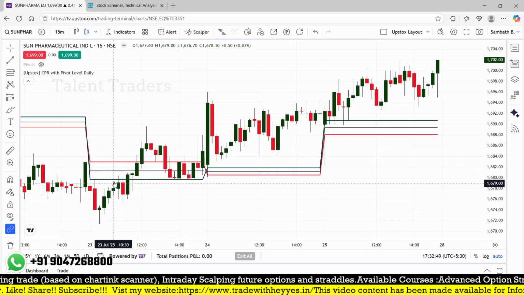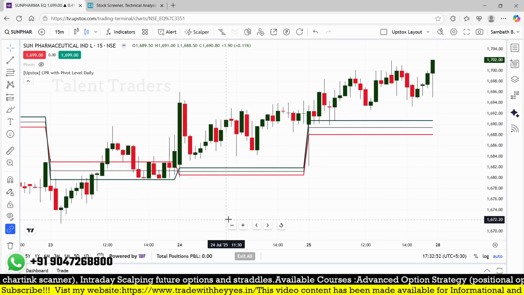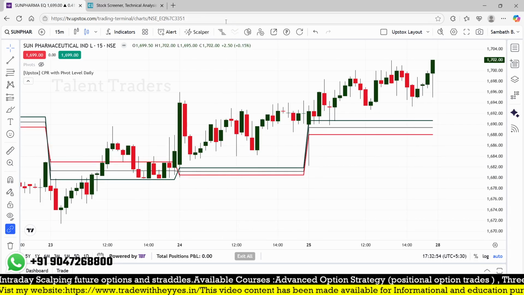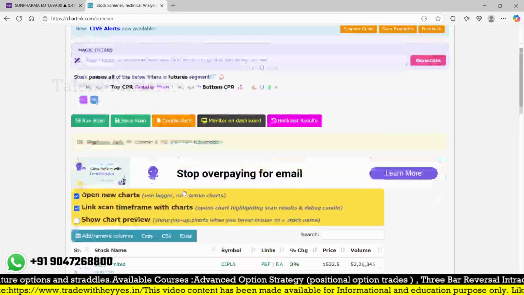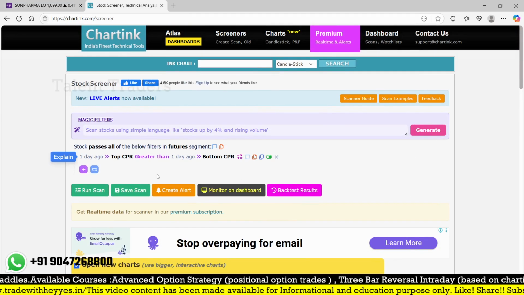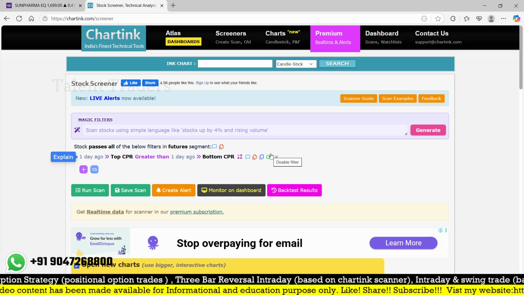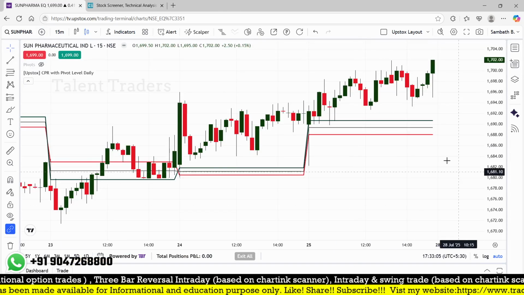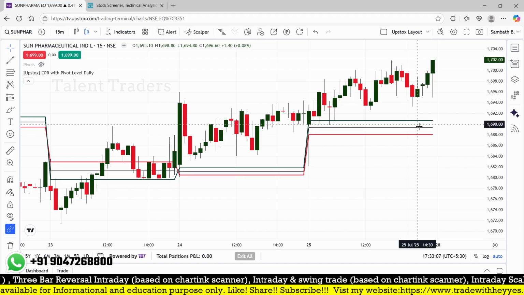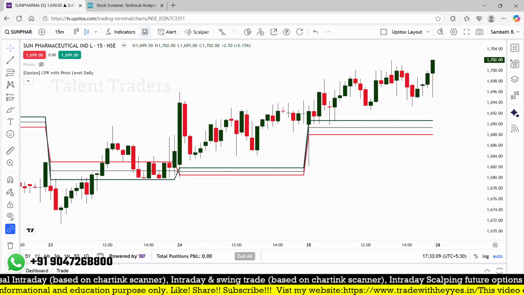Here is the reversed pattern, where BC is higher than the TC. At such a time, if we use that comparison, some failures may happen. That is the reason we missed this point yesterday. Now I want to find the stock which closed exactly at this level, between the pivot and the TC.